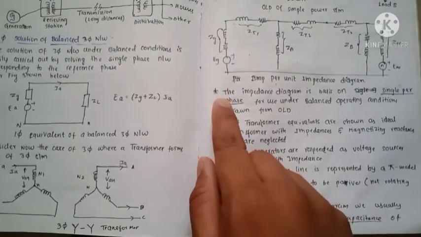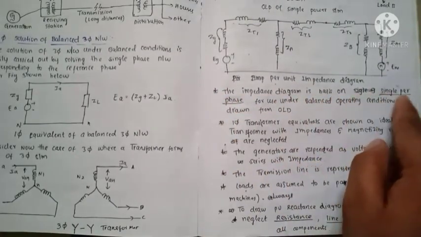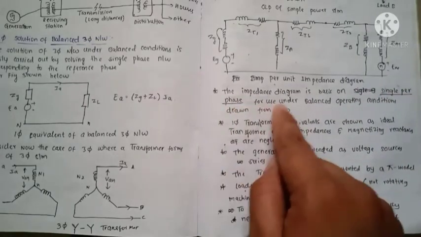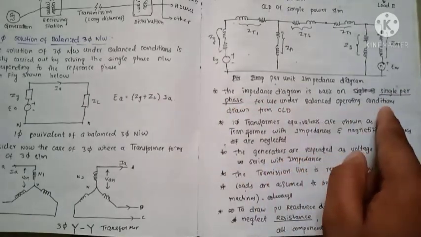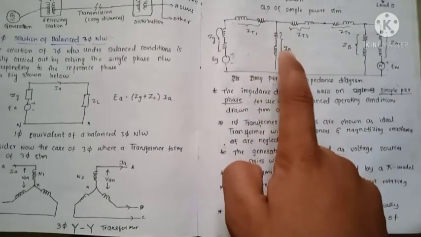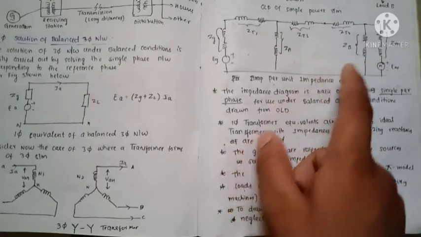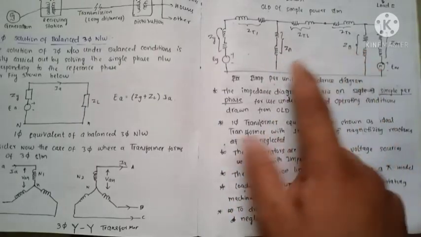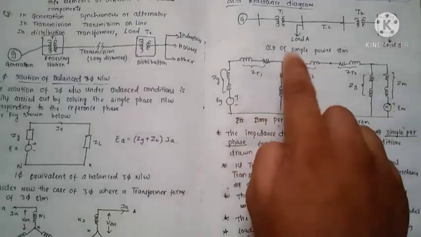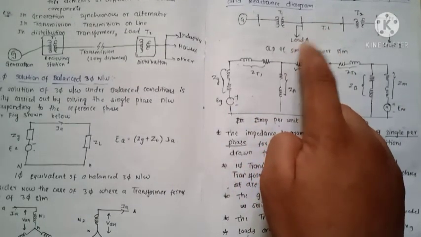Next, we go through some points. The impedance diagram is on a single per phase basis, for use under balanced operating conditions, drawn from the OLD. This impedance diagram we draw, right? These are all on a per phase basis, single per phase basis only, under balanced conditions, drawn by referring to the single line diagram.